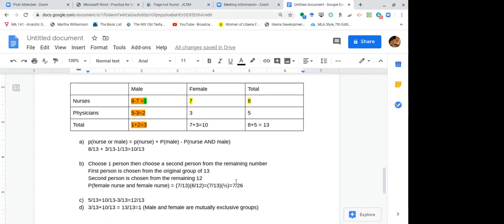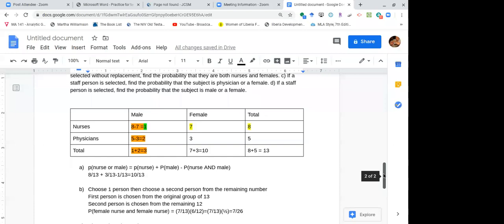Whereas on part A, which is why I made such a big deal of highlighting for you, these are overlapping groups. Or we say that they are not mutually exclusive. They overlap.